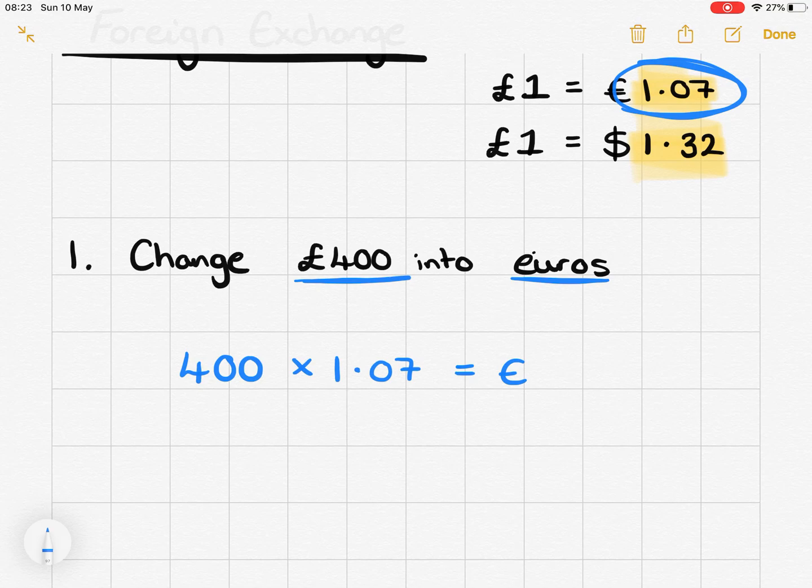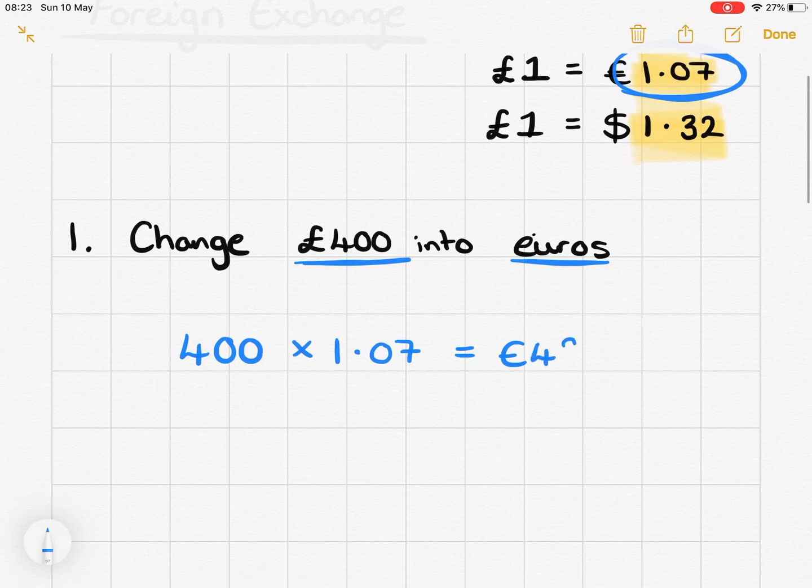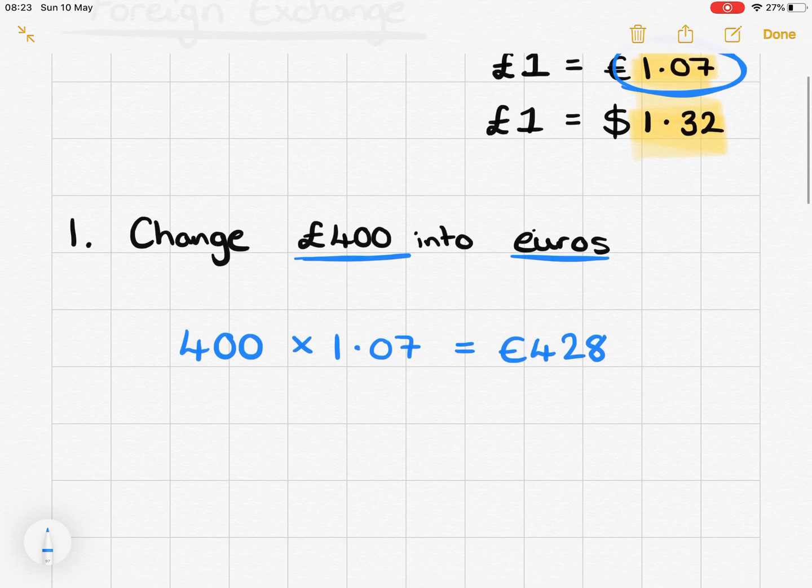Once you do that, you'll get a nice answer of 428 euros.